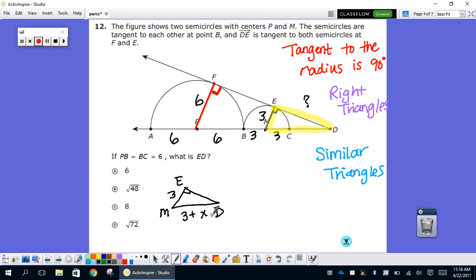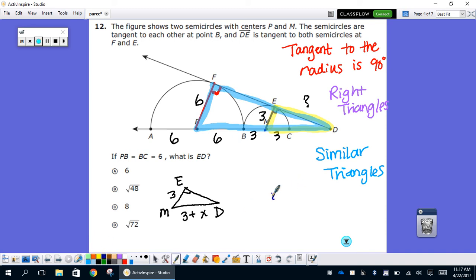Okay, and then we also know that I'm going to highlight another right triangle. So from F to P all the way over to D, you can see there's some overlap. Okay, and I'll do this one in blue.